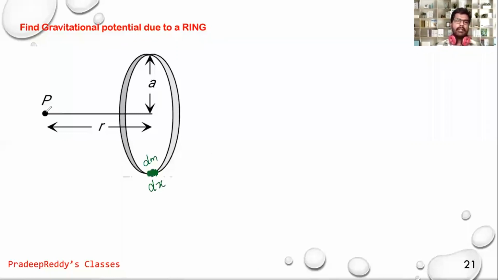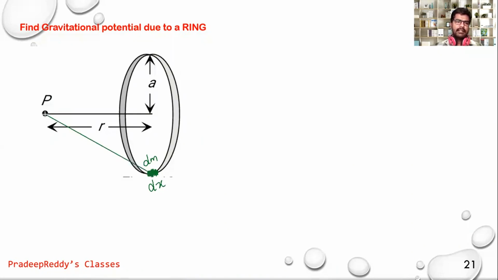Now I want to find gravitational potential at this point P, and remember, gravitational potential is a scalar quantity, therefore we need not go for any resolution of vectors. So at this point P, there will be gravitational potential due to this dm mass.